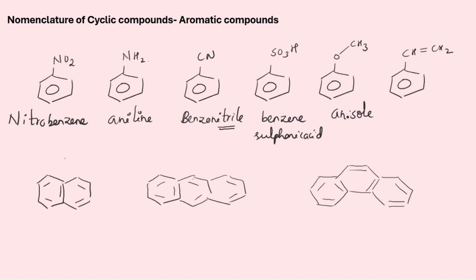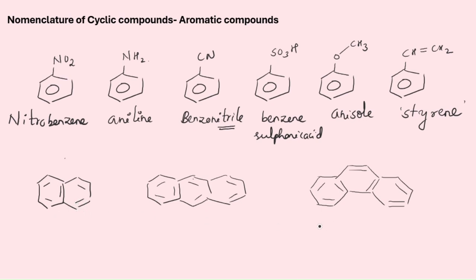Either methoxybenzene or anisole, both are correct. For the next molecule, which is a hydrocarbon, you see there is a double bond. So this molecule is popularly known as styrene, or you can call this phenylethene. Phenylethene or styrene.